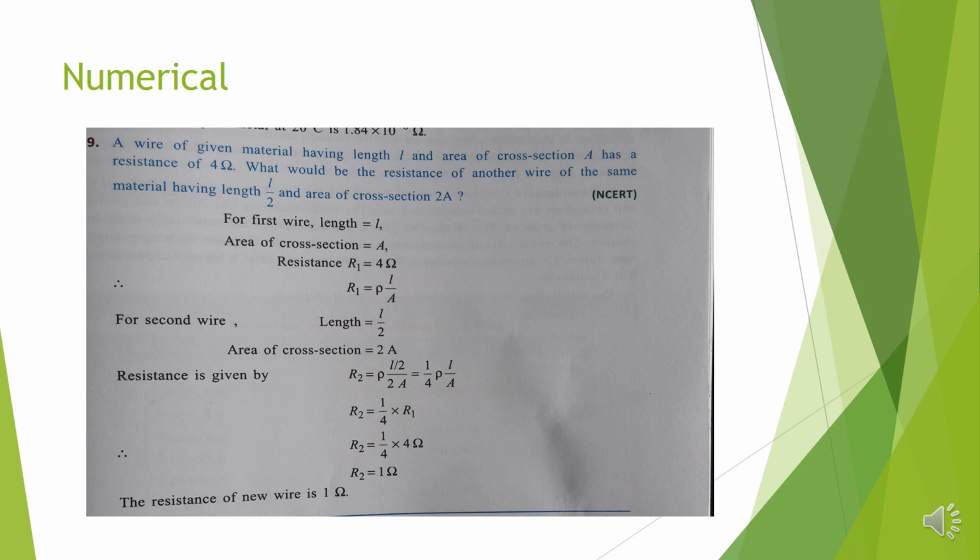So I get 1/4 rho L by A, which is nothing but R1. And the value of R1 is 4. So the 4 and 1/4 will get cancelled and I get R2 is equal to 1 ohm. I will request all of you to practice these sums on your own in the notebook to develop confidence.